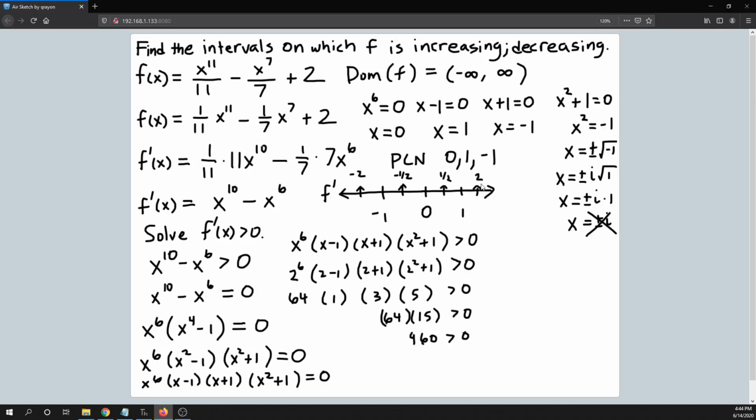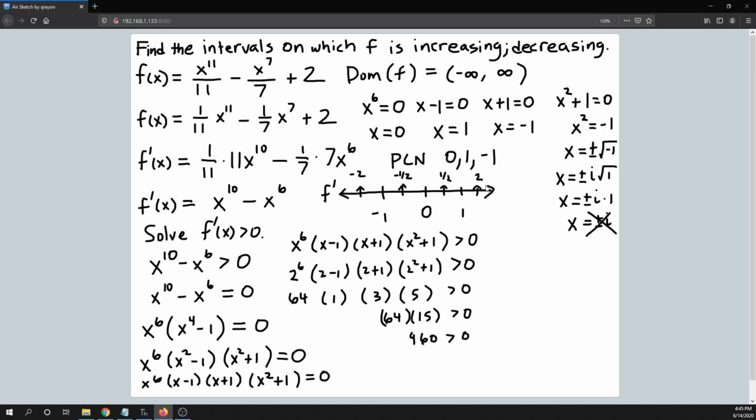All right. And so again, on these pieces, it's all or nothing. Either every number to the right of 1 is a solution, or none of them are a solution. Okay. So that means that all of the numbers on this part of the number line are solutions, okay?